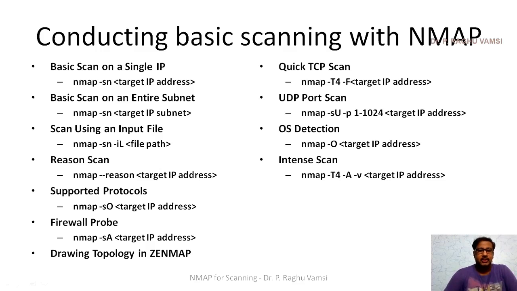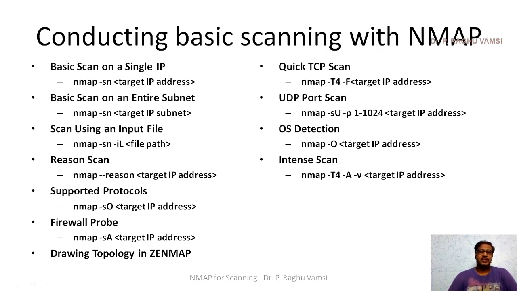The switch -sO will be used for identifying any supported protocols available on the operating system. And the next one is the firewall probe. The firewall probe is especially to check whether the targeted computer has a firewall set, or any other security device, and whether the incoming requests are filtered or not.